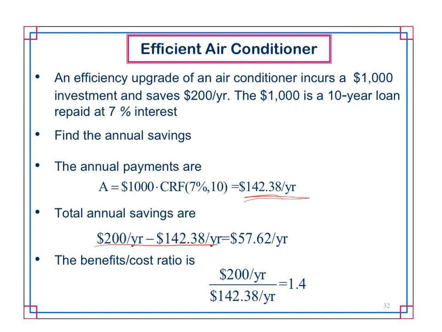Otherwise, it would not be worthwhile to do an efficiency improvement, unless you were trying to actually save energy for the good of the environment, right? If you're just trying to save energy for the fact of cost savings, your annual savings of $200 a year had better be greater than what your capital recovery factor is. And in this case, it is. So you actually save $57.62. Your benefits to cost ratio is 1.4. You always want that number to be above 1.